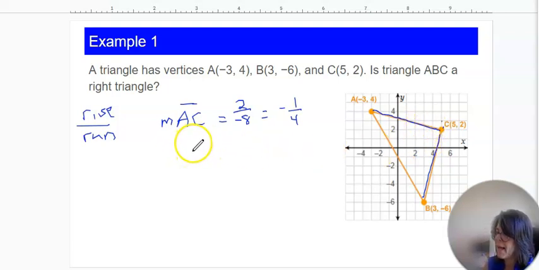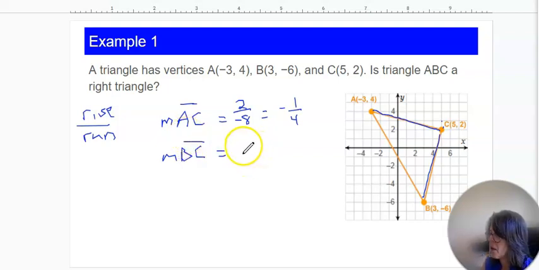I'm rising 8. I'm now doing BC. And that brings me right here. And then I go right 2. Right is also positive. 8 over 2 is 4 over 1, or just 4.